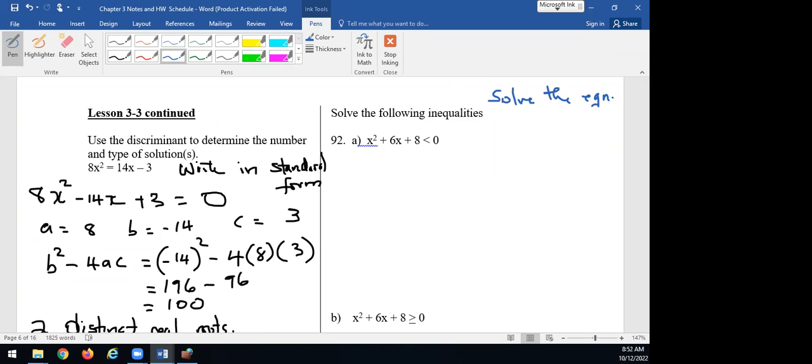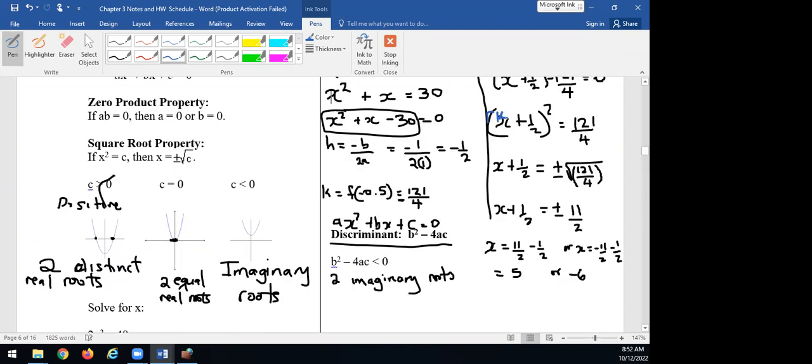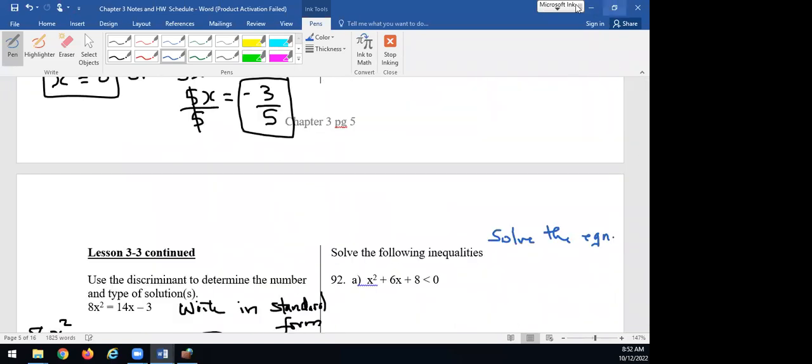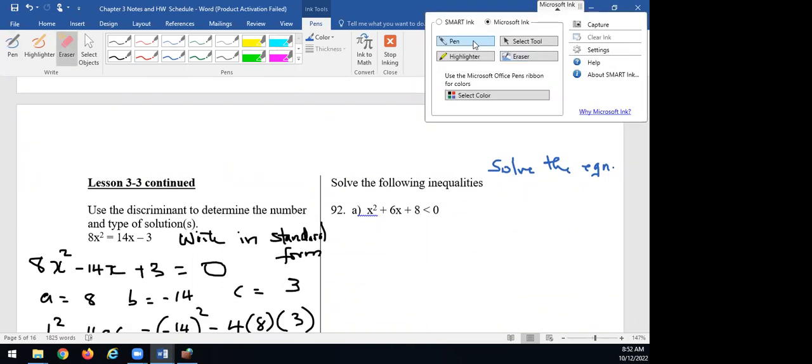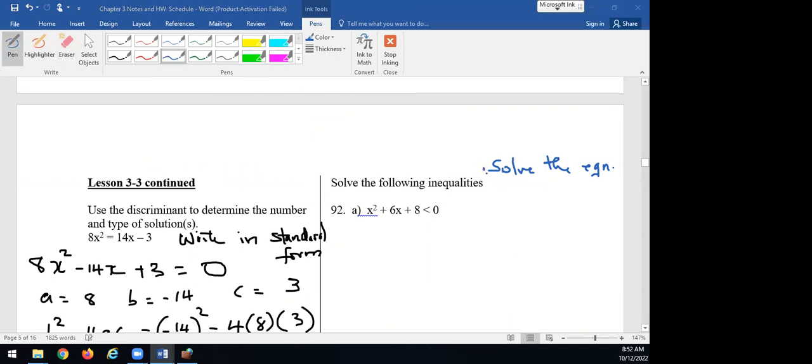And then graph the equation. Sorry. So solve the equation, and then we are going to sketch the graph, and read off the solution.